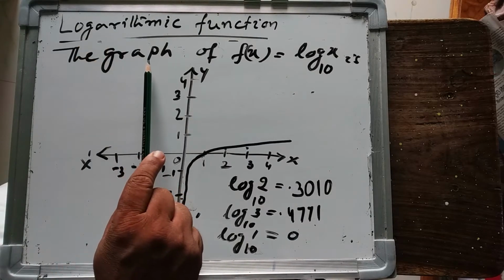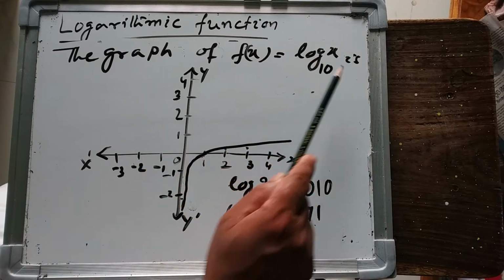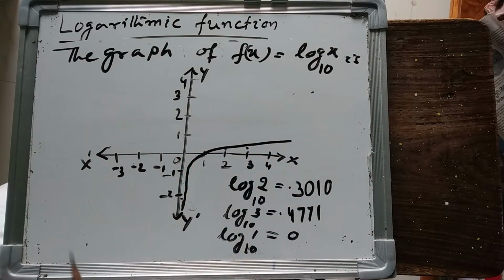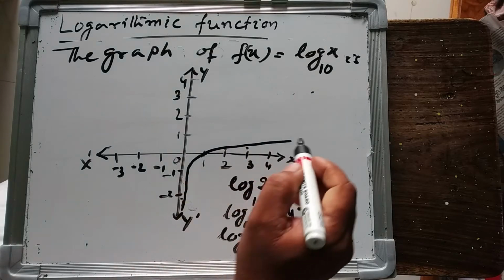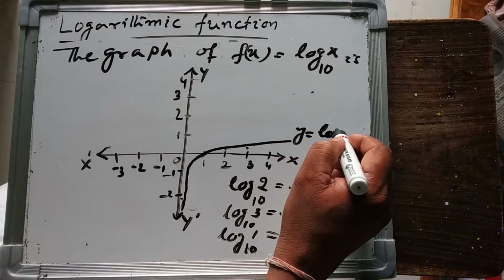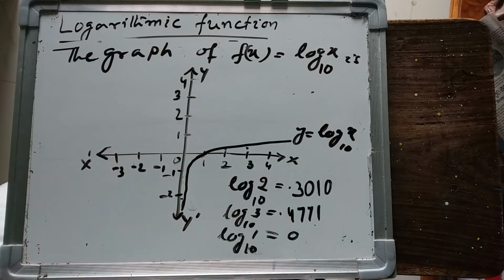Come to the graph. The graph of f of x equal to log x base 10 is like this. This much is y equal to log x base 10. We see here log 2 to the base 10 is 0.3010, log 3 to the base 10 is 0.4771, and log 1 to the base 10 is 0.